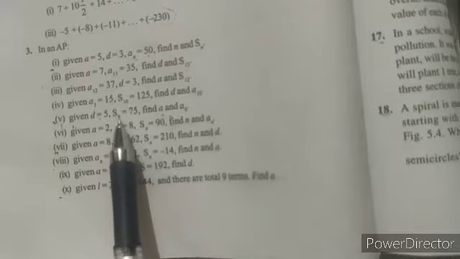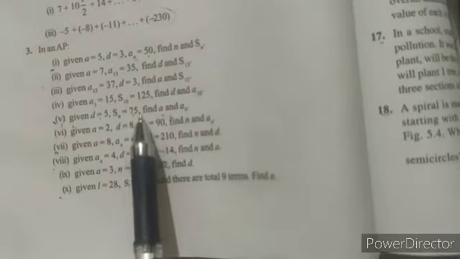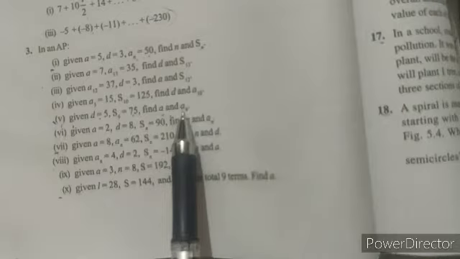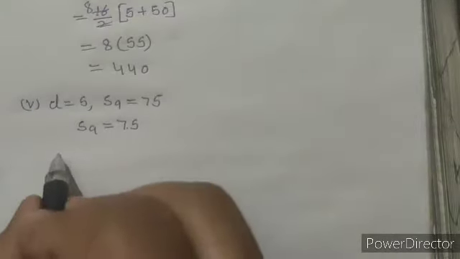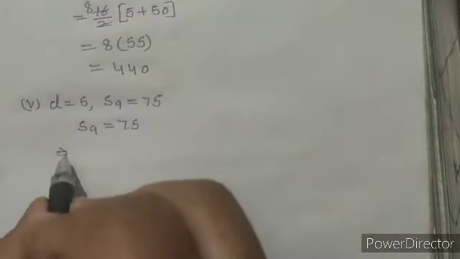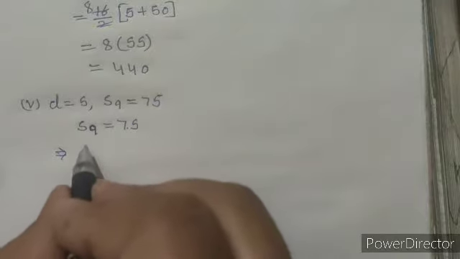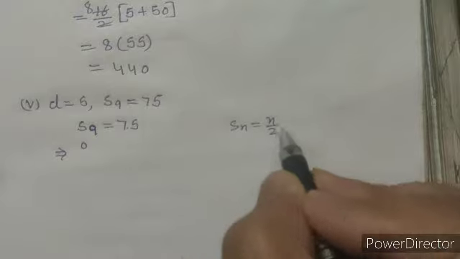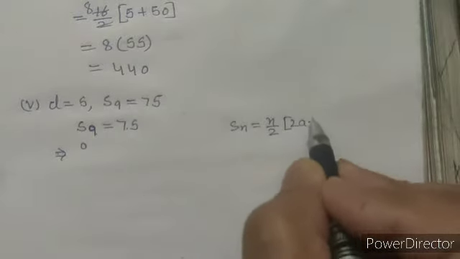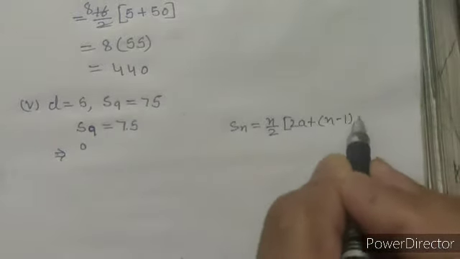In part 5 of question number 3, d and S9 are given to us. We have to find the value of a and a9. Here S9 is given to us, so we will apply the formula of Sn here, and we will take n as 9. That will be Sn is equal to n upon 2 (2a plus (n minus 1)d).